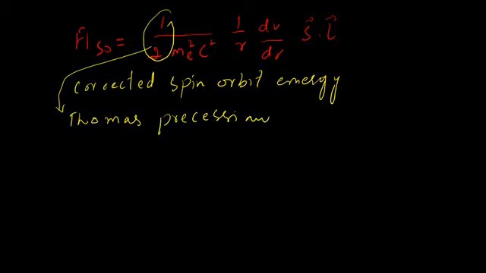This is the general relation for the spin orbit interaction energy, and now we go to the specific case of the hydrogen atom.